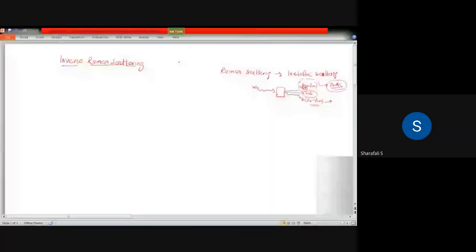If this process is inverted, then the phenomenon, first the anti-Stokes Raman line: h nu 0 radiation, as we discussed, interacts with the molecule, and the molecule gives some energy to the photon.